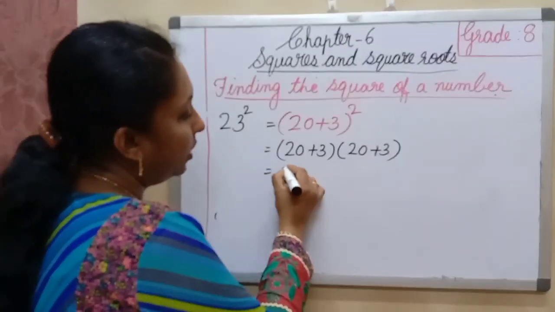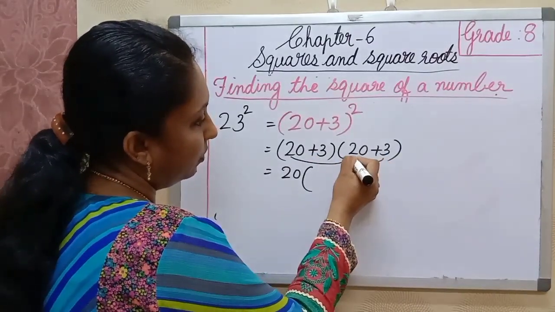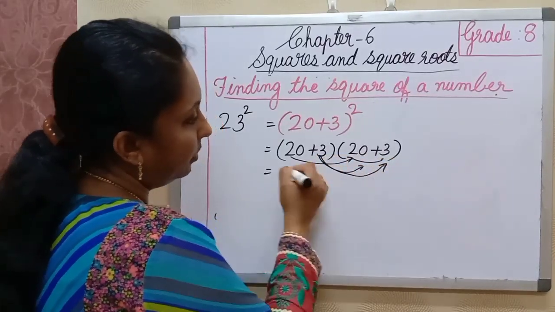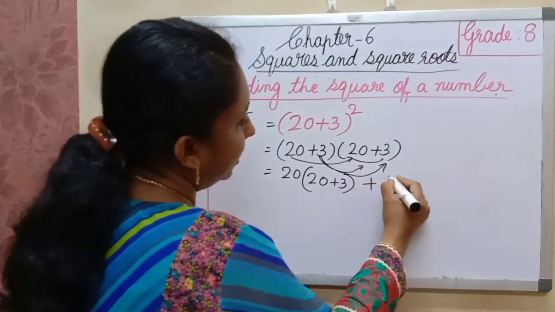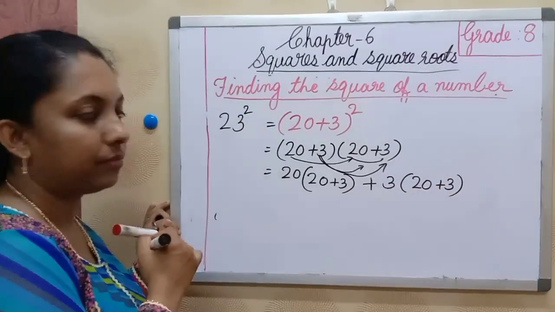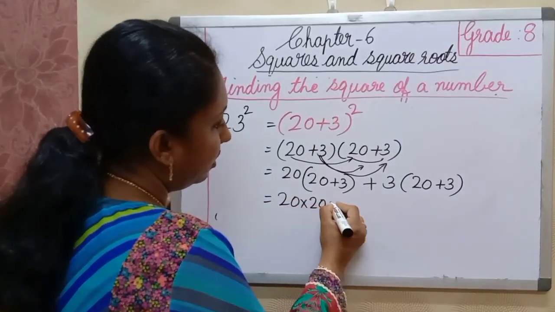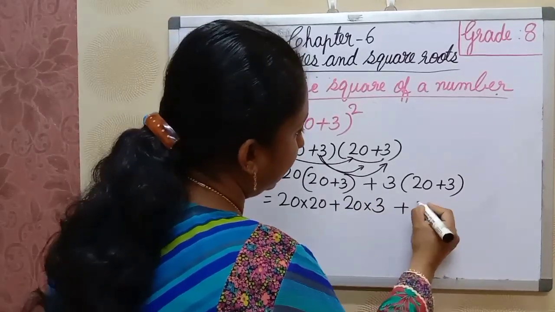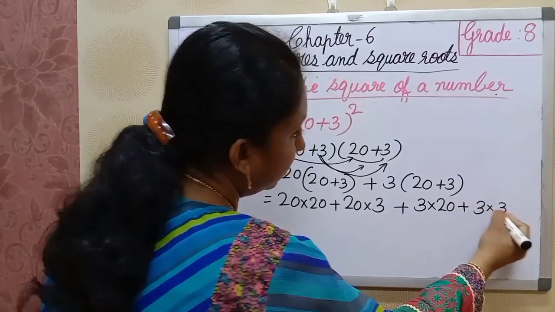So 20 into 20 plus 20 into 3, then plus 3 into 20 plus 3 into 3.